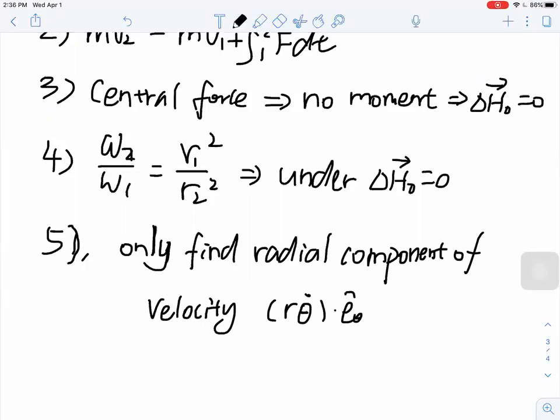If you want to find anything about r dot, which is in the e_r direction, then you will need to use the work energy equation.